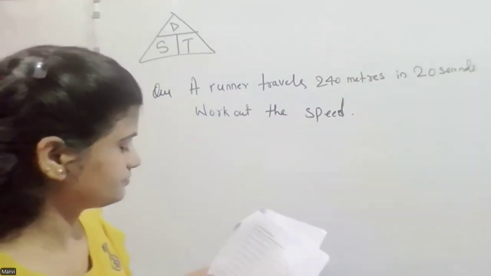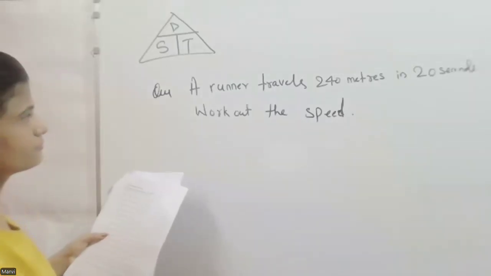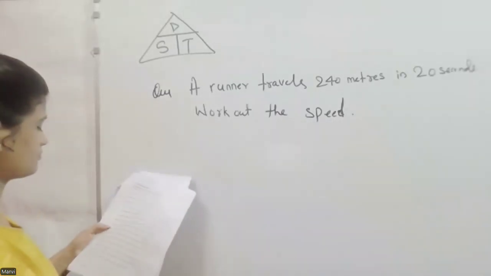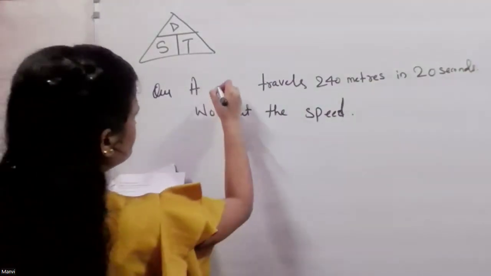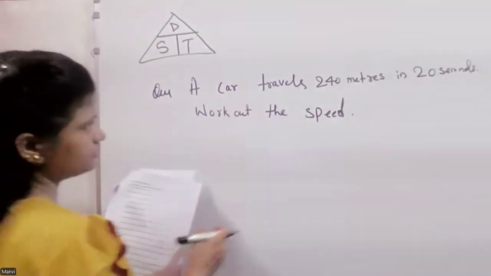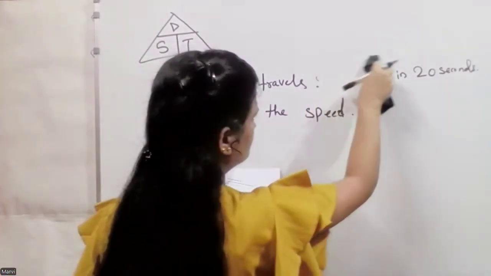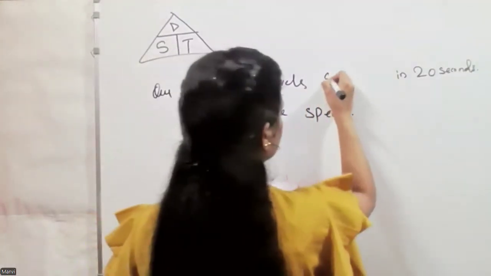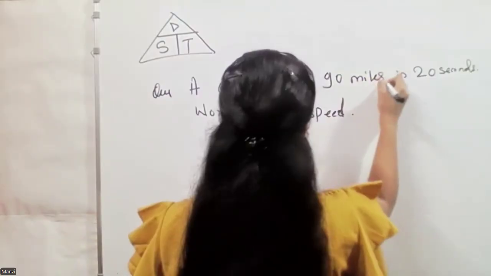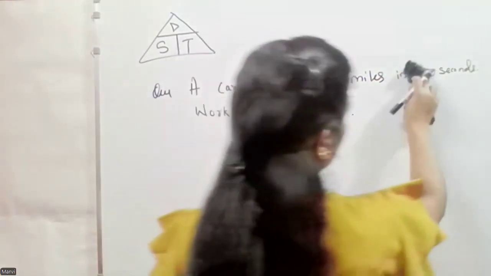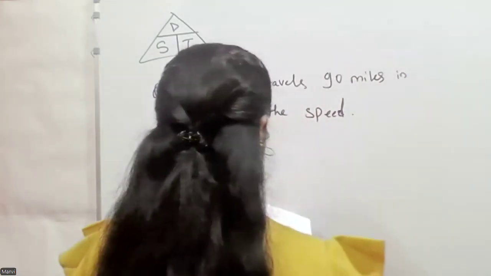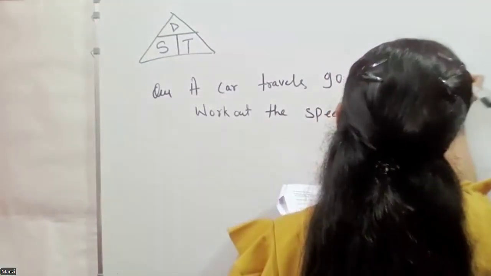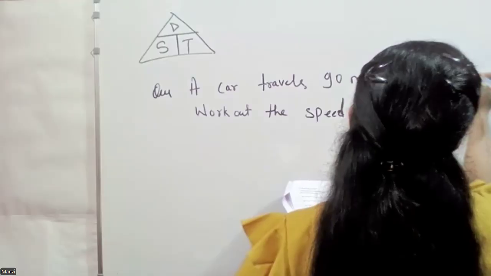Now, now we have one car. Okay? A car travels 90 miles in 1 hour 30 minutes.